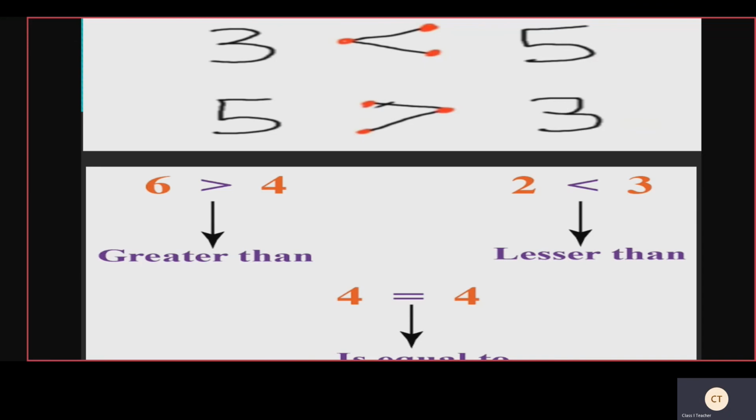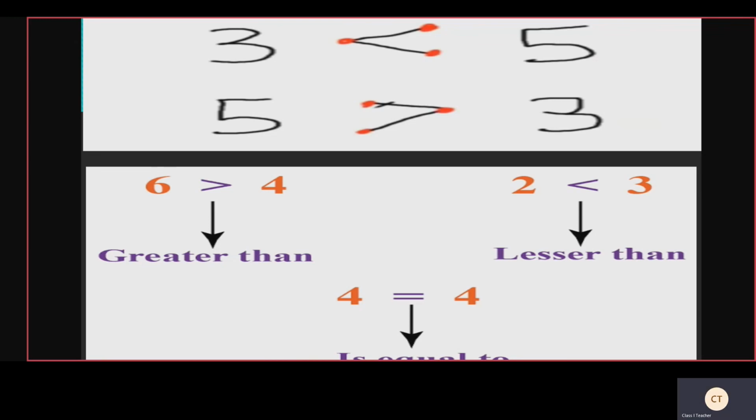Here is a trick to remember, children. Look here. First, I would place a dot here, and after that 2 dots. Here after 3, the symbol is given, children.